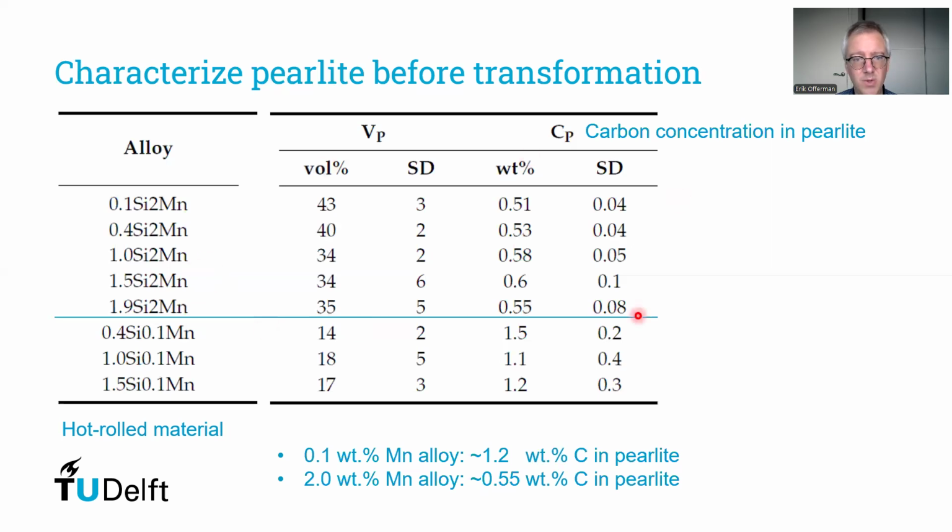And you see that whole analysis here as well. The volume of perlite is higher in the higher manganese alloys and lower in the lower manganese alloys. But the carbon content in the perlite in the higher manganese is lower than the carbon content in the low manganese. That's around 1 to 1.5% of carbon.